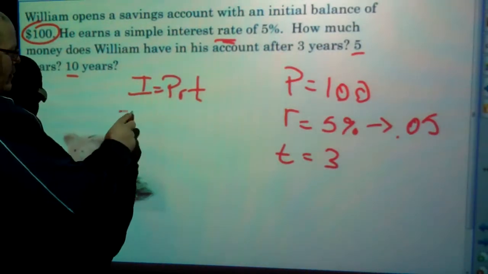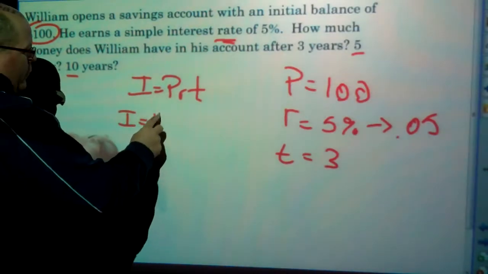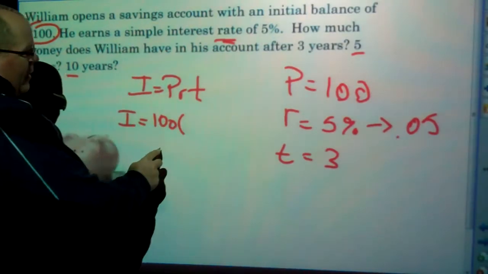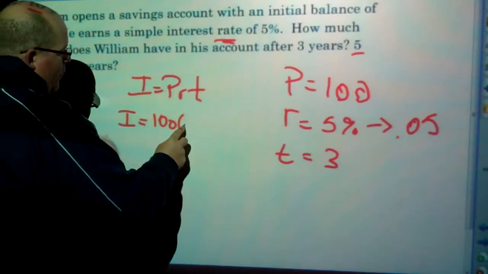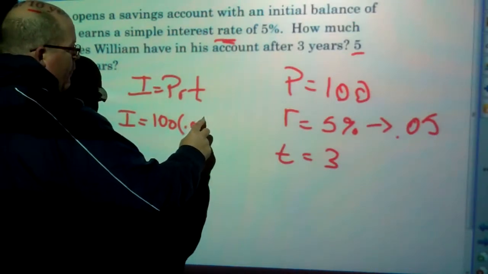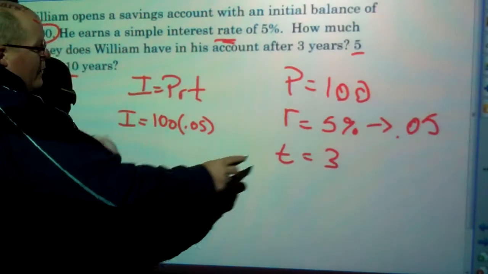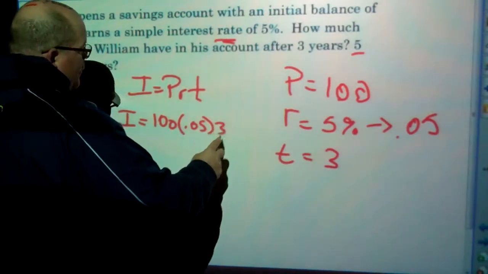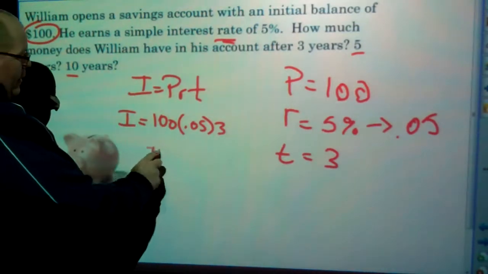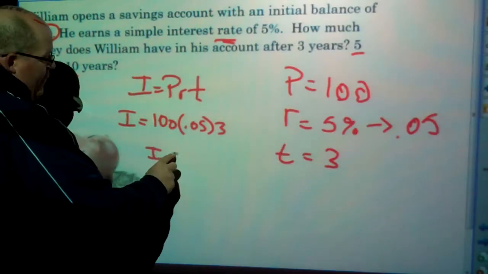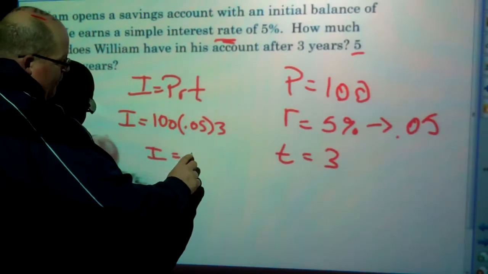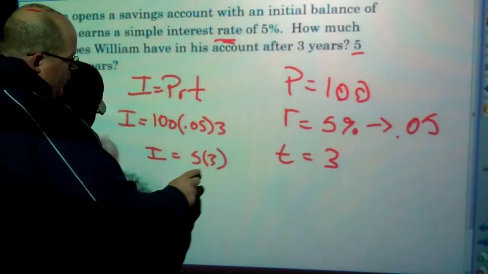So my interest equals my principal, 100, times my rate, 0.05, times my amount of time, 3. So 100 times 0.05 is 5, times 3.